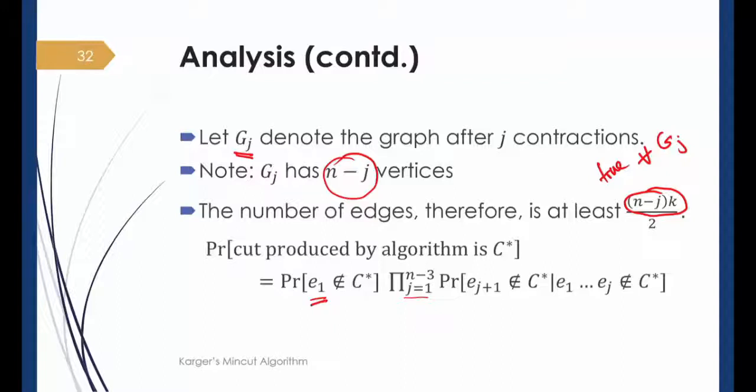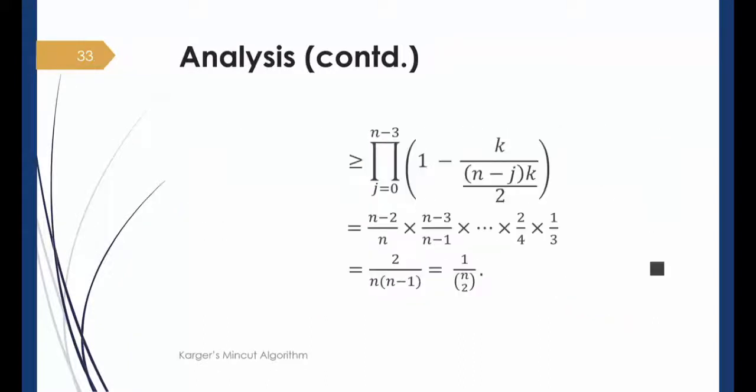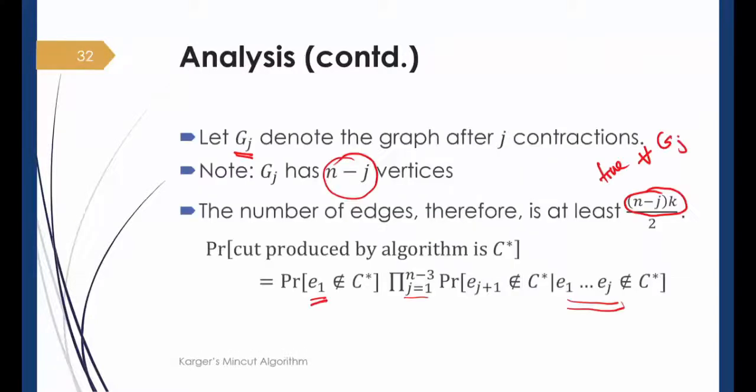But each one of these subsequent probabilities, notice, requires that the previous edges also do not belong to C star, because if any of the previous edges belong to C star, then the algorithm is already not going to lead us to C star. So just working through that product, we get this. What we have here is the probabilities that each of the E j plus 1s don't belong to C star.